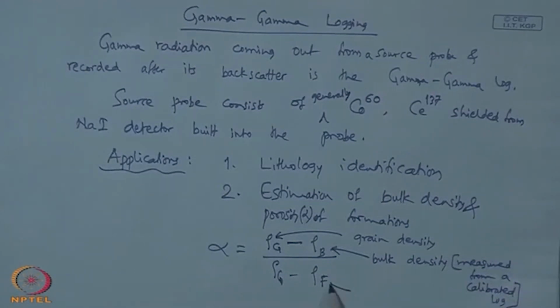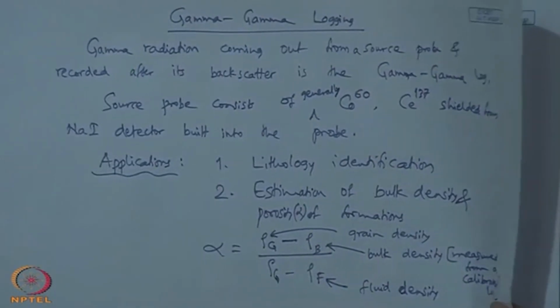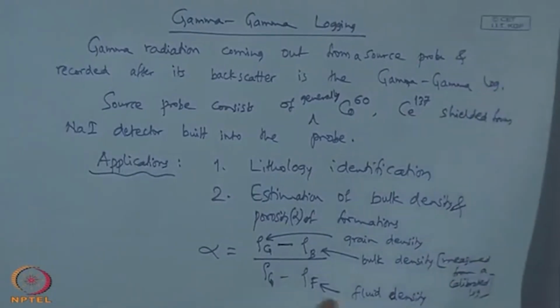And rho F is the fluid density. If these three parameters are known, then we can estimate the porosity of formation using this gamma ray logging.